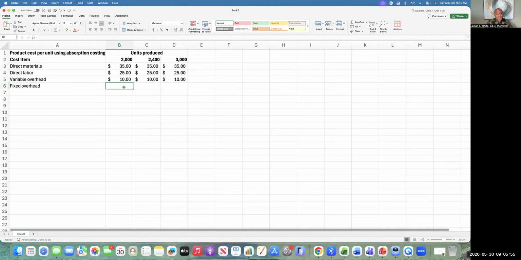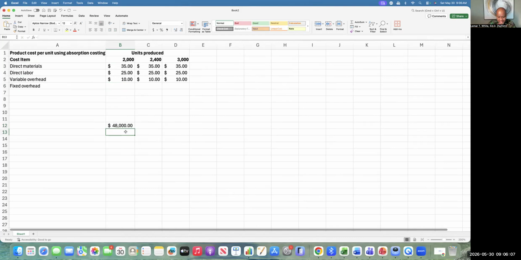So what I need to do in order to calculate the per unit cost is I'm going to take $48,000, which the question gives me, and I'm going to divide that by the number of units in the first column, which is 2,000. So I'm going to take 48,000, divide that by 2,000, and it's going to give me $24.